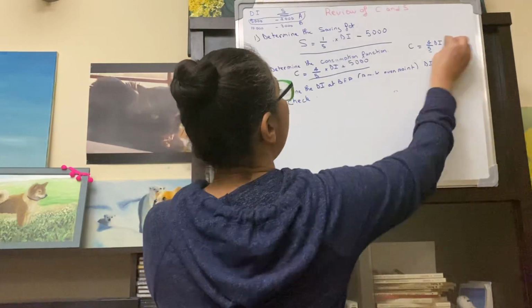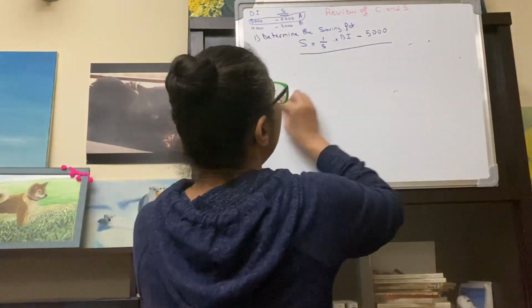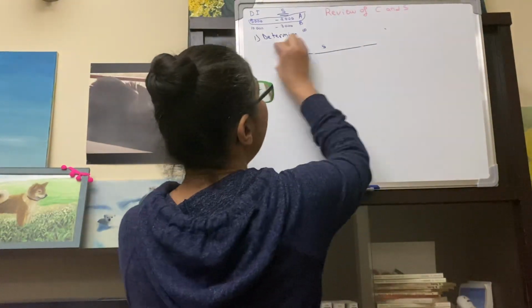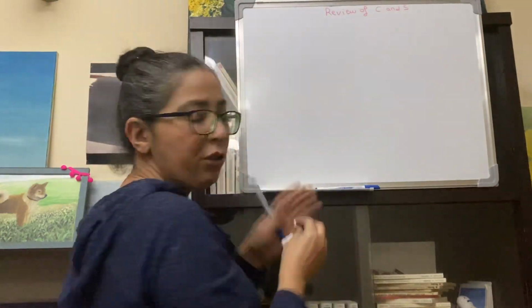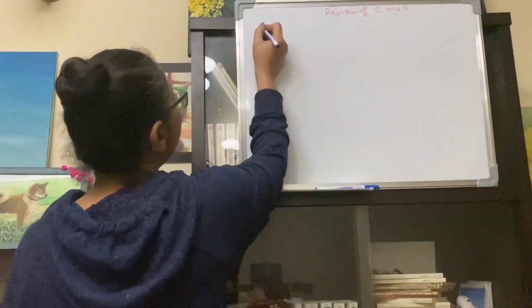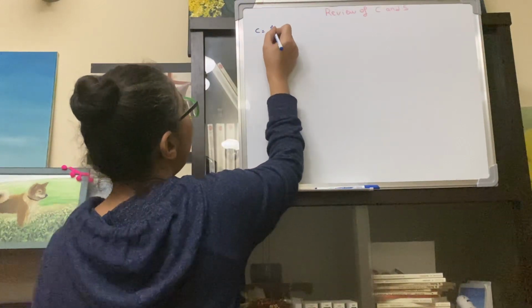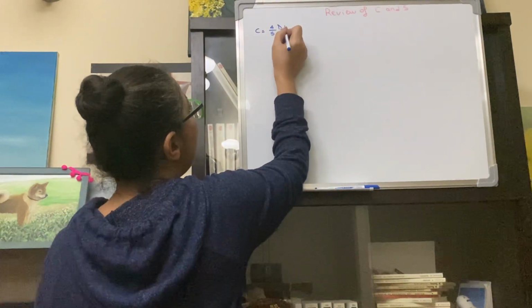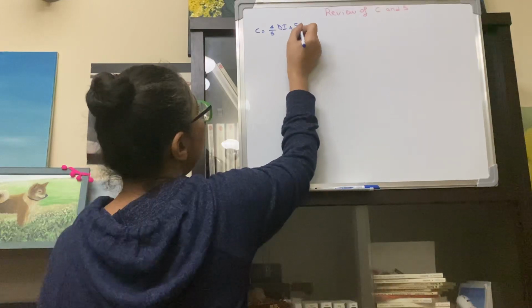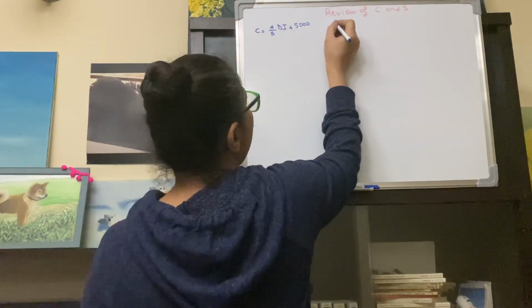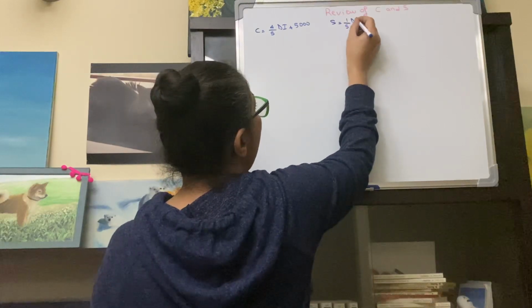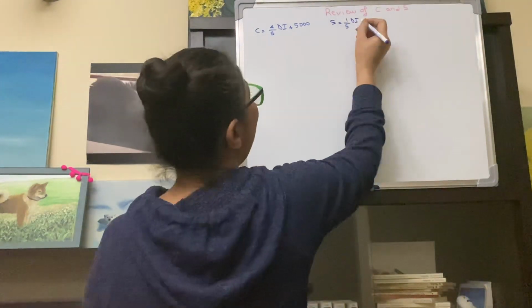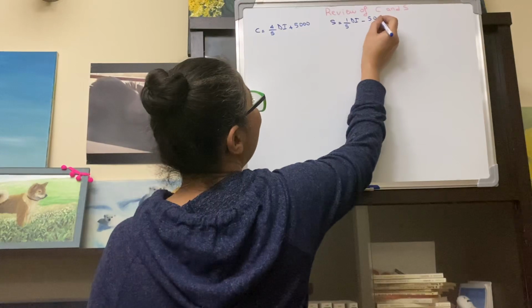I'm done with this. I'm gonna rewrite my functions and move to the next question. I just want to rewrite the C function in front of me. 4/5 di plus 5,000. And S is equal to 1/5 di minus 5,000. I didn't forget it this time.